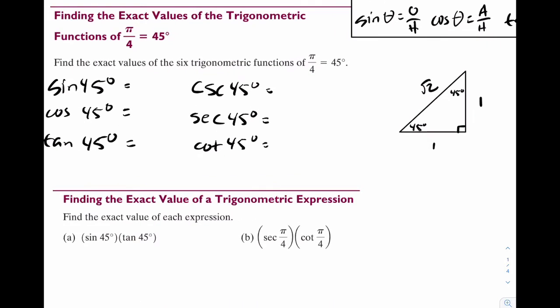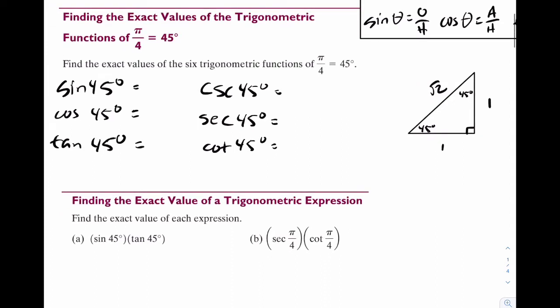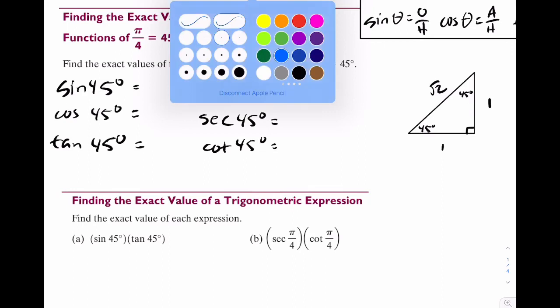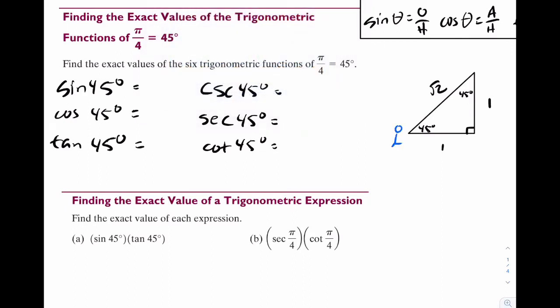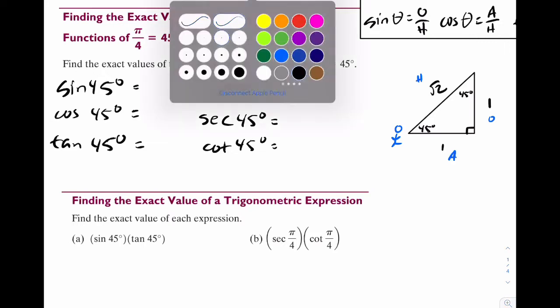So sine 45, we do O over H, and to help you, remember, imagine there's a stick figure at 45, so I could have put it on this leg or this leg, doesn't really matter. But since I put them there, I'll put O here, H there, A here, and now answer the question.